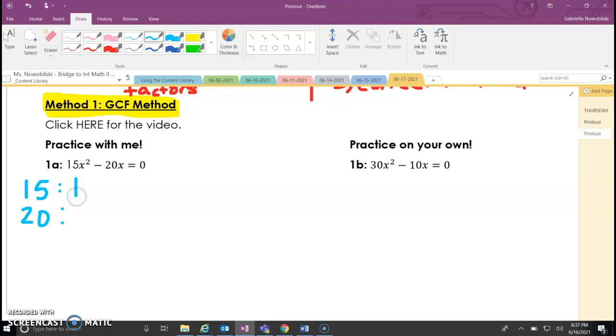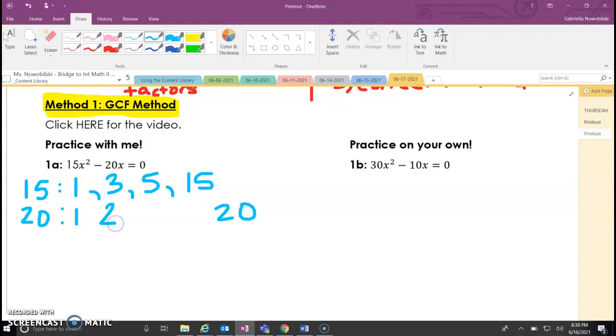I'm going to list the factors like we did at the end of last week. So I start with 1 times 15 gets me to 15. Let me think of anything else that can multiply to 15. Well, I have a 3 times 5, so I'm just going to add 3 and 5 to my list. So that's my list of factors there: 1, 3, 5, 15. I'm going to do the same for 20, so I start with 1 and 20.